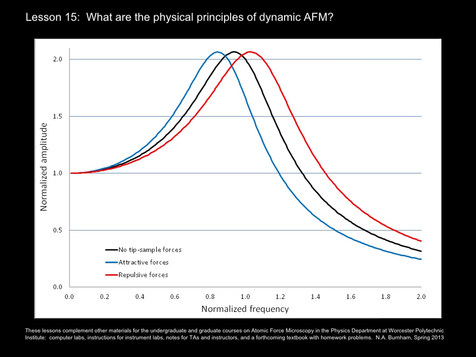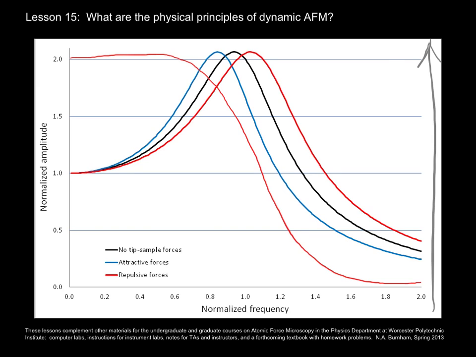Returning now to our plot of amplitude and frequency, let's put phase on here, and I'll put phase on for the red curve, the repulsive curve, and if we remember, that goes from 0 to minus pi, and if we say our drive frequency is about here, with our set point amplitude about there, and now we're imaging and we move to another part of the sample.